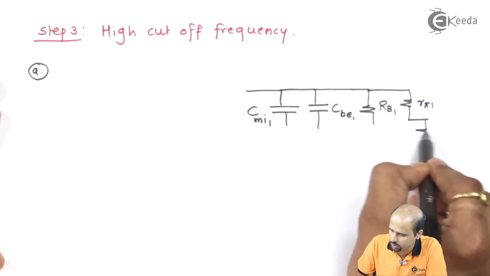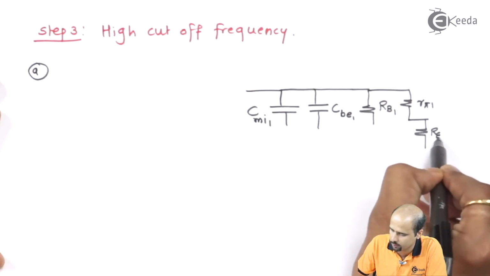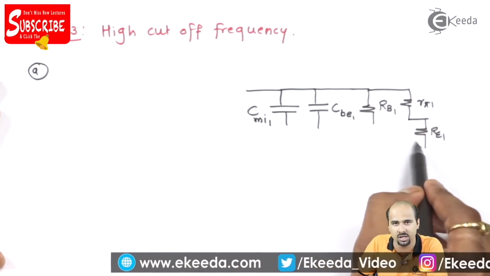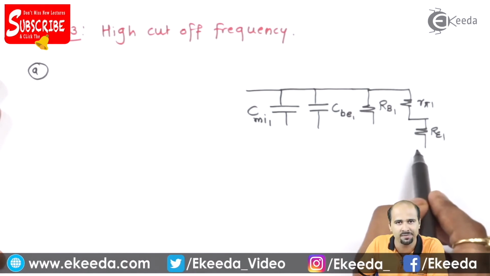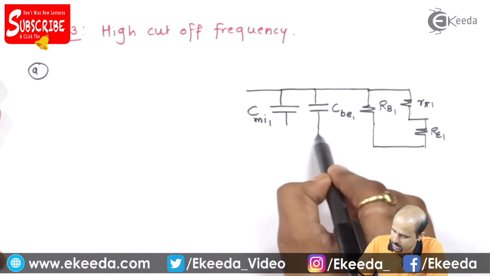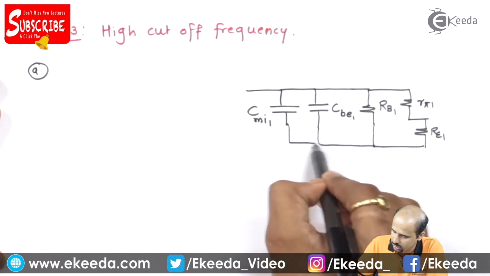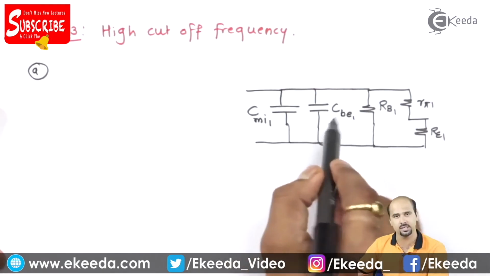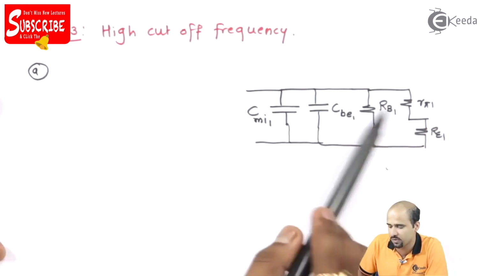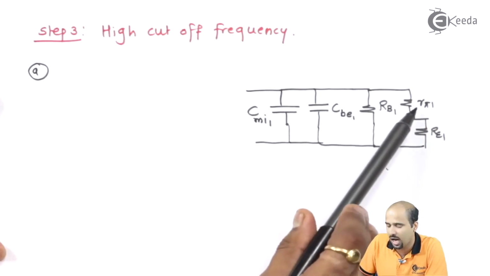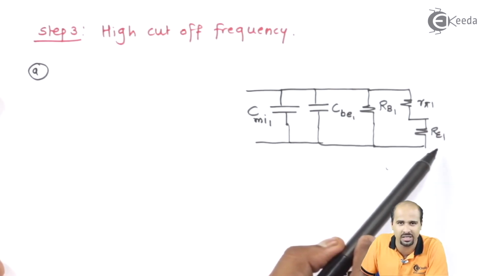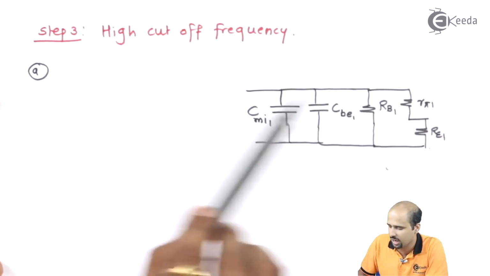Moreover, you have to incorporate the shifted value of RE1, because this resistor is not in parallel with a bypass capacitor. So this is how we get the complete RC network, where two capacitors are in parallel, and this resistance comprises RB1 in parallel with the combination of rπ1 in series with the shifted resistance of RE1, that is (1 plus beta) times RE1.